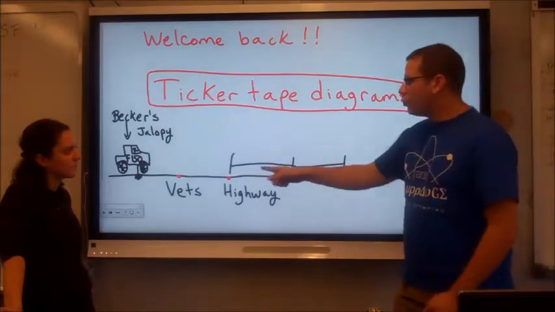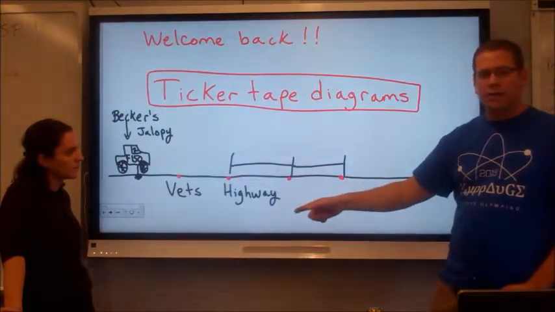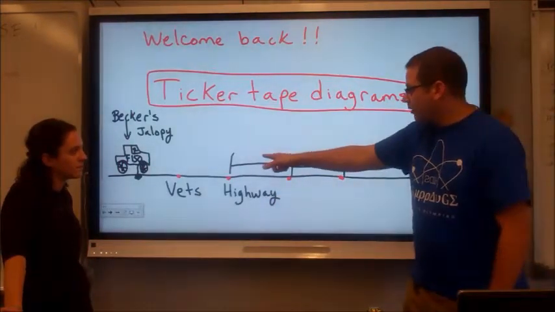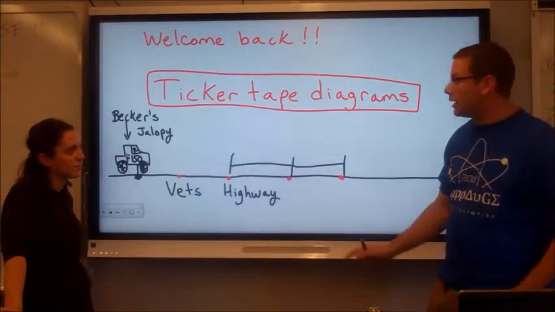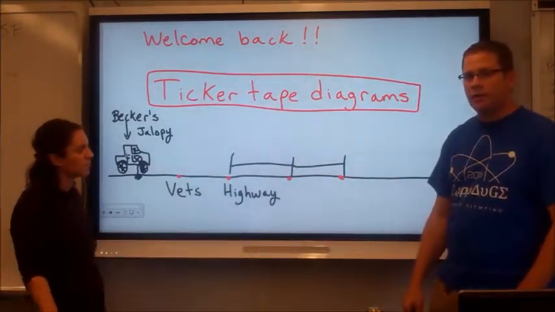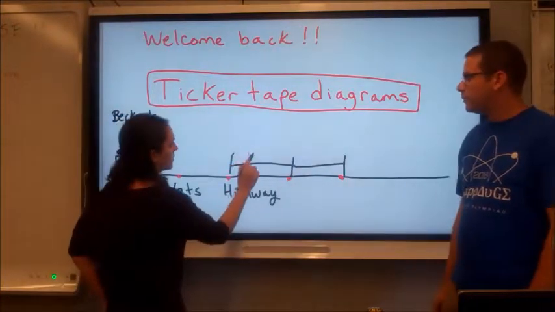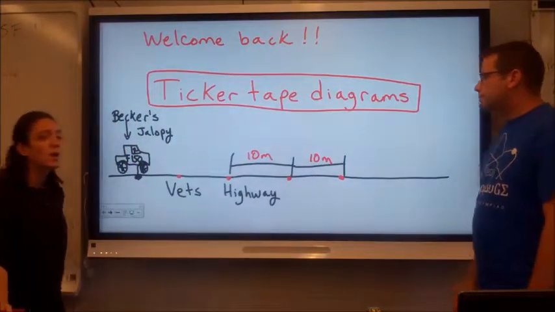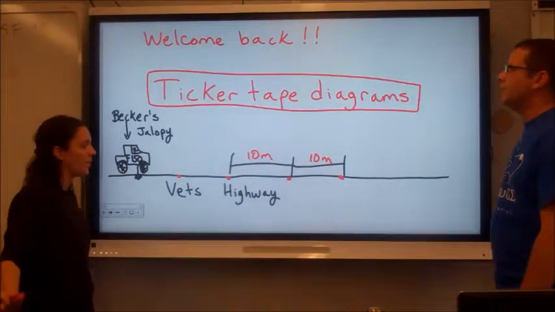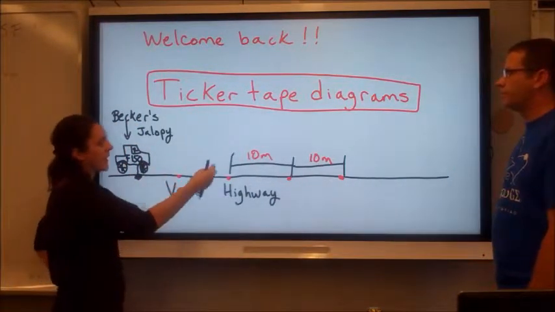So if this is 1 second between dots, that distance here would be the same distance here. If she's moving at 10 meters per second, and this is 1 second, this would be 10 meters, and this would be 10 meters. So for a constant velocity, we have our dots equally spaced out.